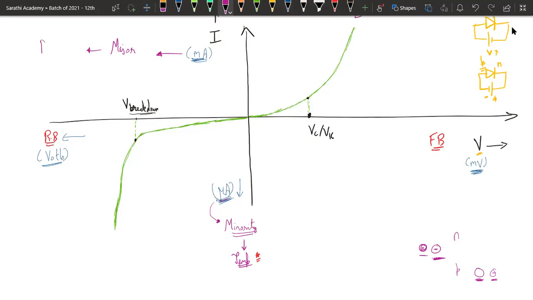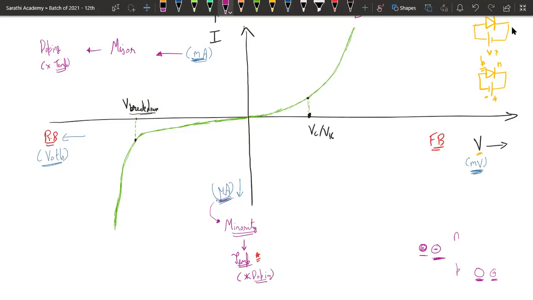And this depends on the doping, it does not depend on temperature. So if the doping is high, then the current will be more. If doping is less, the current will be less. And the reverse current depends on temperature, not on doping. Okay.